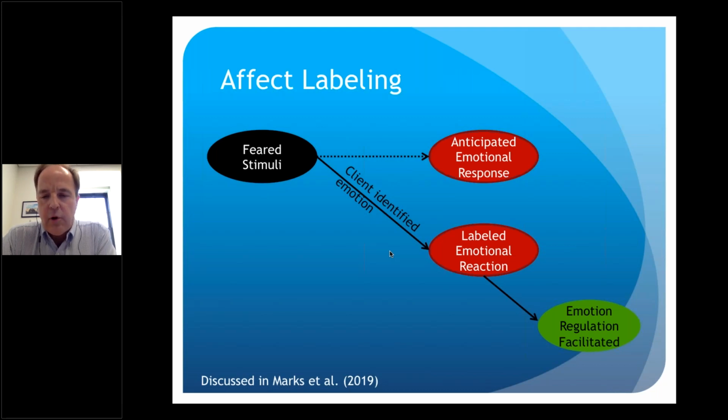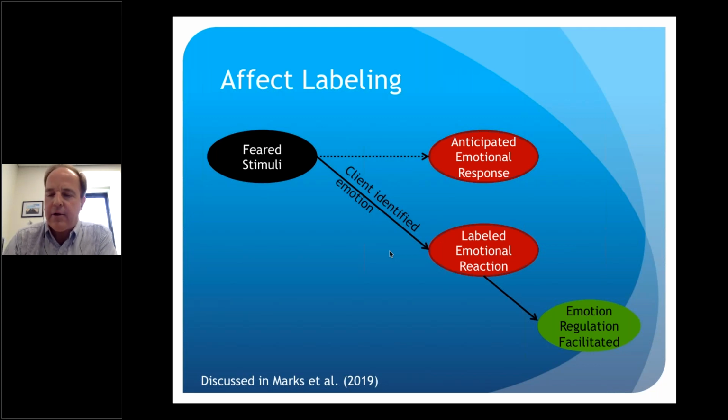Marks et al., from Laurie Zollner's group, articulated this especially in the context of treatment for PTSD, where the expected emotional response in session would be rather dramatic and intense for very good and justifiable reasons. When practicing the exposure in session, affect labeling helps the client to better manage their emotional state, because it turns out that very frequently the actual emotional state they experience is not as intense as the anticipated one.